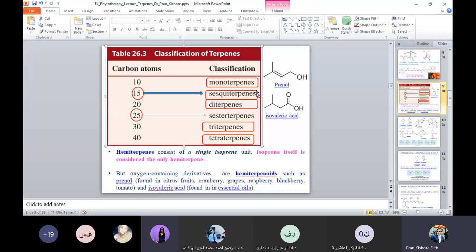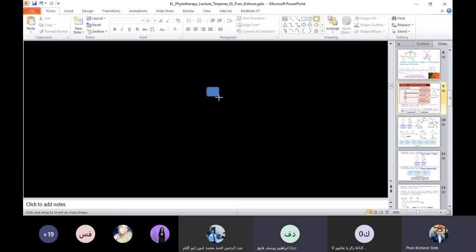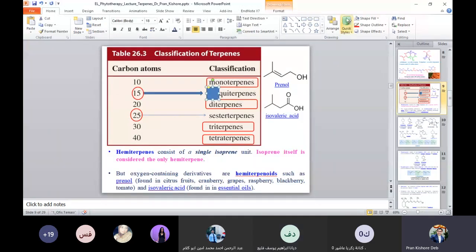Have you noticed one thing? Both 15 and 25 start with the same 3 letters. What are the same 3 letters? Ses, right? So it's difficult to remember.